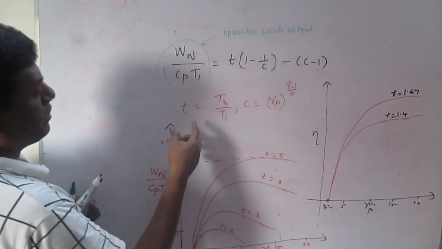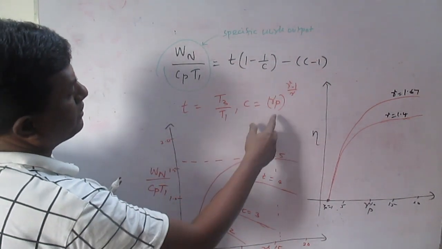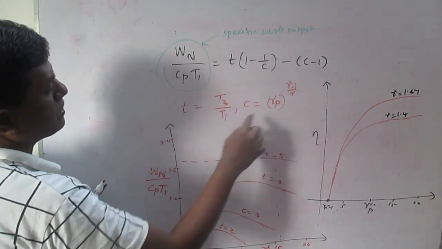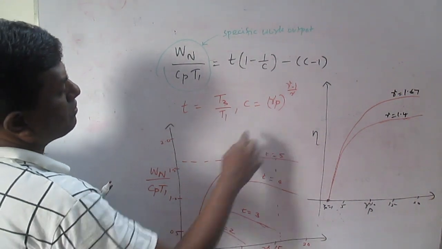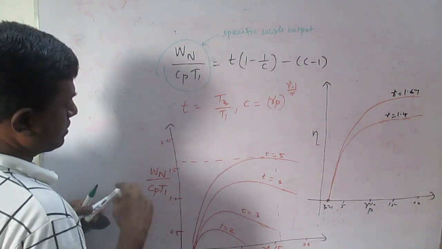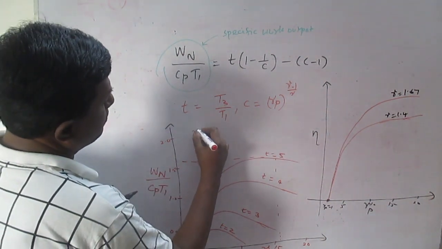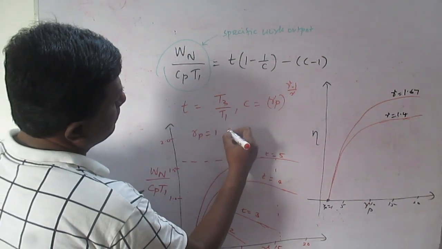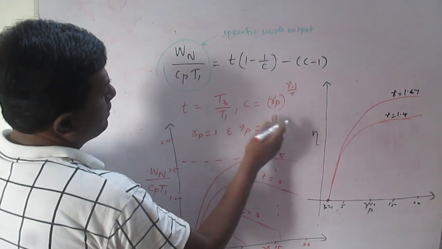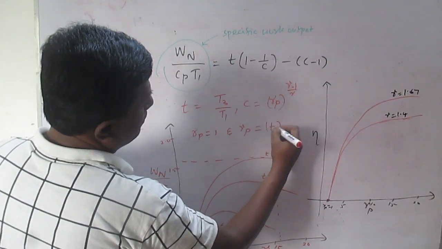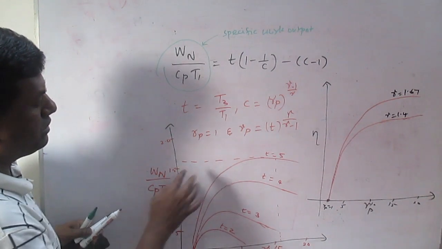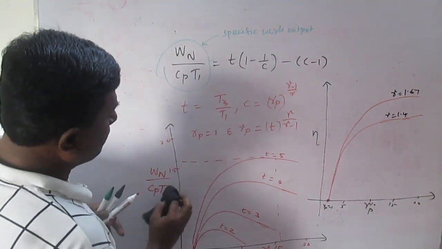One thing is, for a constant pressure ratio, at Rp equal to 1 and also at this pressure ratio, we just say now this is T power gamma by gamma minus 1. How we obtain this, we will discuss with another graph.